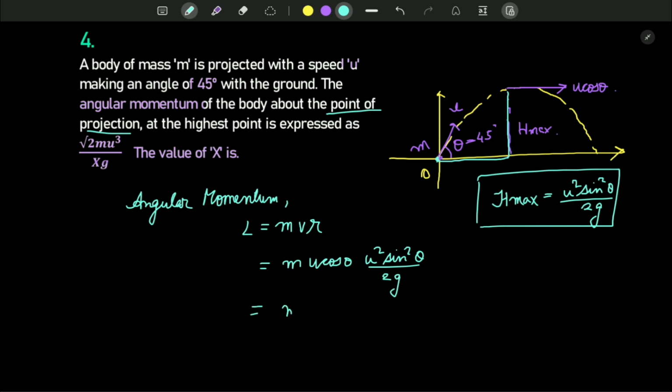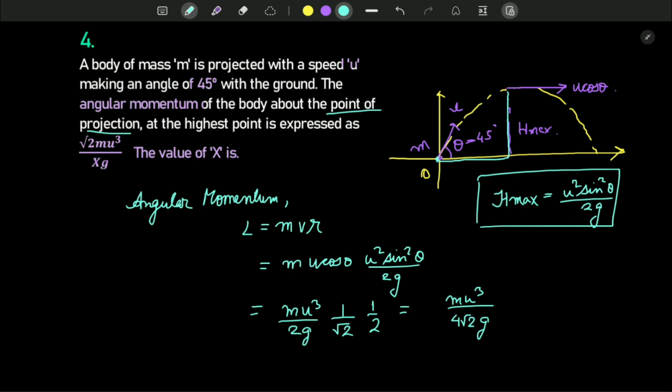So I will get m u cube by 2g, and cos 45, because theta is 45, cos 45 is 1 by root 2, and sine 45 is also 1 by root 2, but I have sine square, so 1 by 2. So I will get m u cube by 4 root 2 g.